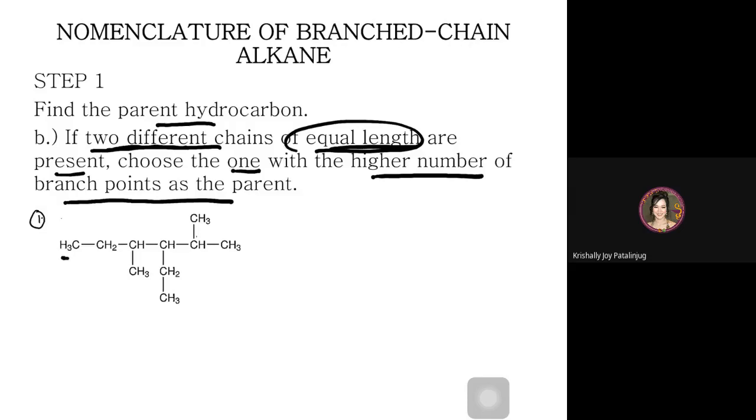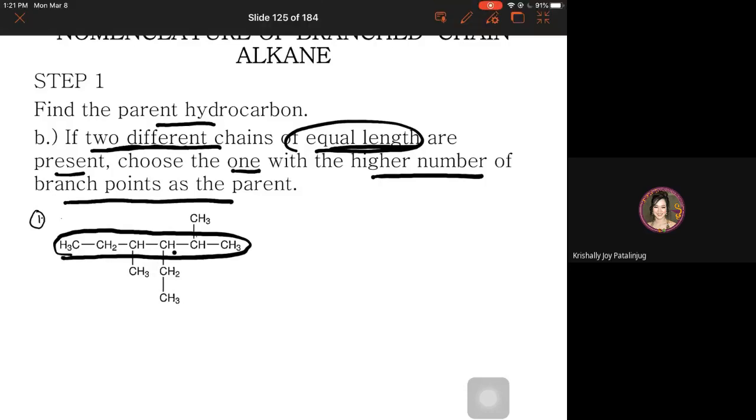Una, pwedeng ito, 1, 2, 3, 4, 5, 6, 6 carbon chain, or the one highlighted with color red, this is also a 6 carbon chain. Diba? 6 pa rin yan. Bilangin niyo yung carbon. 1, 2, 3, 4, 5, 6. Okay? Two different chains. Magkaiba yung chains but of equal length. 6 carbon chains sila dalawa.